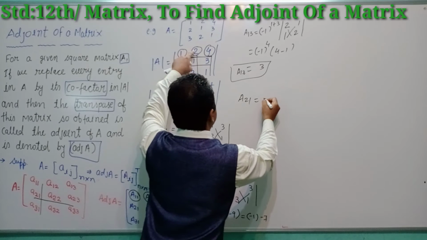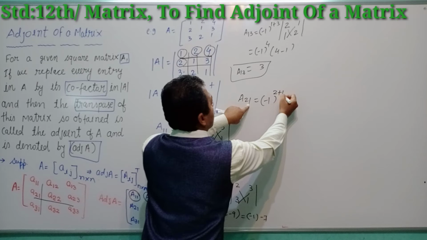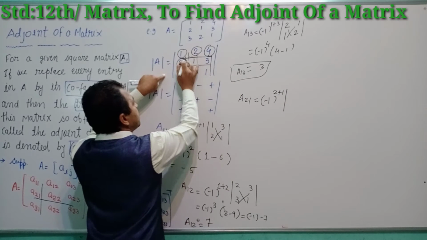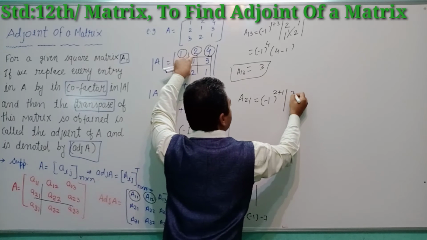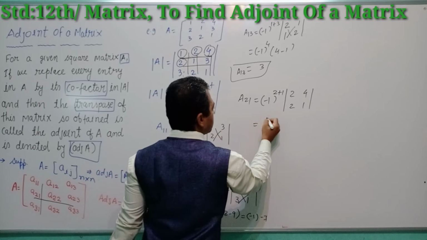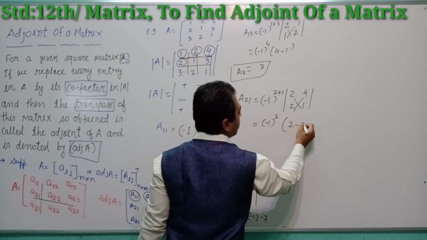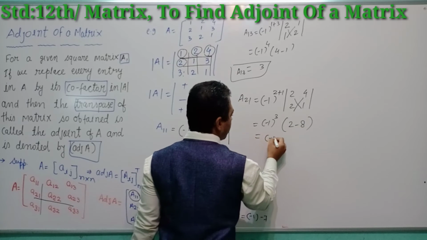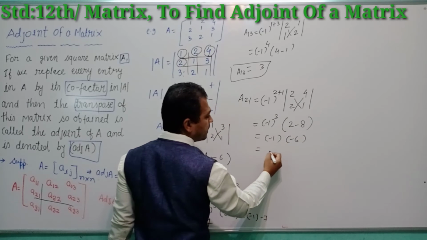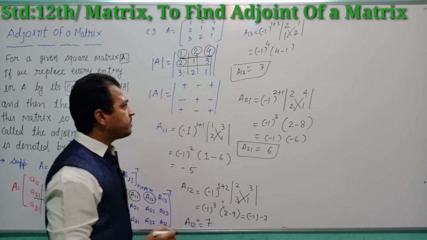So the sign will be minus 1, second row, first column. You are removing these, so you are getting 2 2 4 1. So minus 1 is to the power 3, and here 2 minus 8 is minus 6. So finally you are getting 6. So the value of A21 is 6.